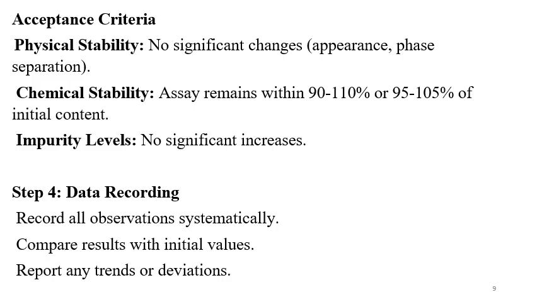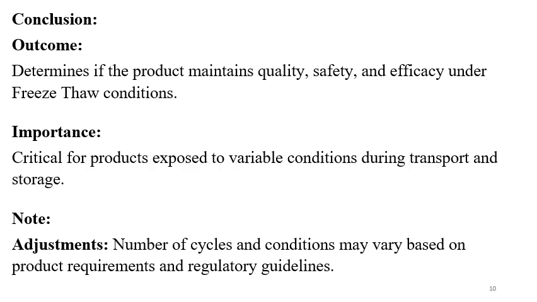Then data recording: record all observations systematically, compare results with initial values and prepare a trend or report any trend or deviations. Then conclusion: determine the outcome of the study, whether the product maintains quality, safety and efficacy under freeze thaw conditions.